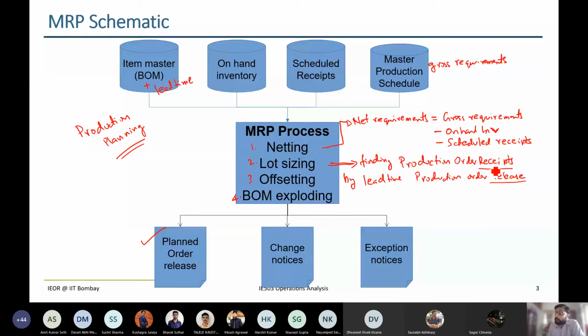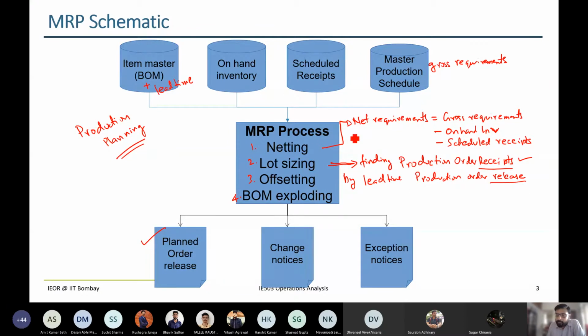Production order receipt refers to when I need the inventory, when the order is going to reach us. Production order release refers to when I need to make the order. If something takes 2 weeks, then I need to release the order this week and it will be received 2 weeks hence. So the week in which it is received is called the receipt, and the week in which I'm going to release it is called the release.